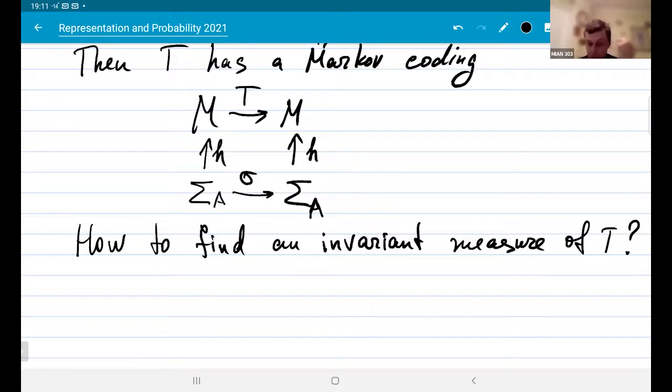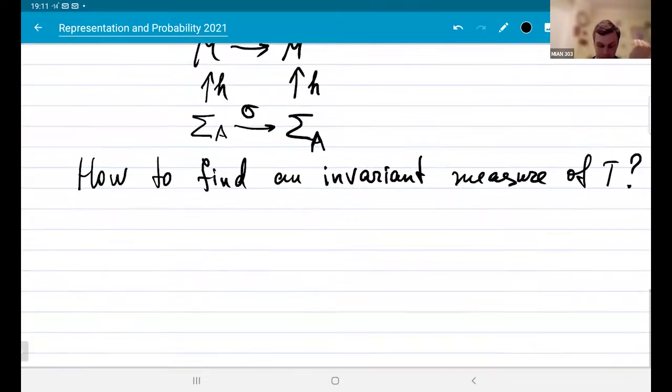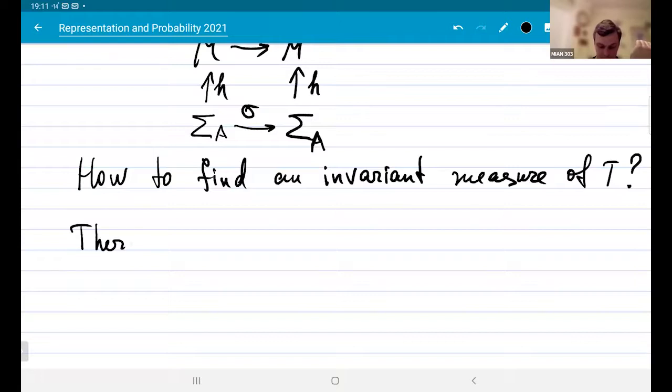Note, we can construct many such measures.